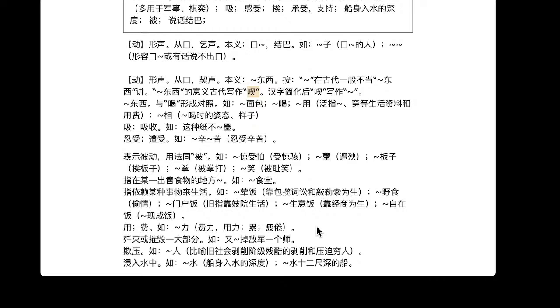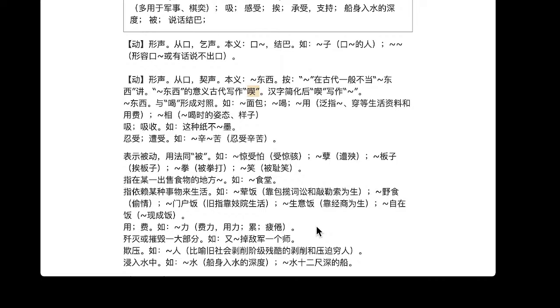Now another meaning of 吃 is referring to somebody living off some kind of thing. For example, 吃野食, that means they find and take food in the wild. That actually refers to adultery. They go out and find extramarital affairs.